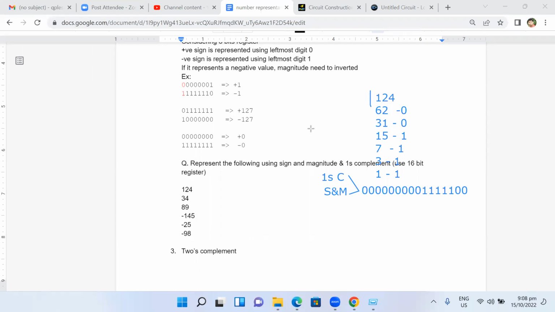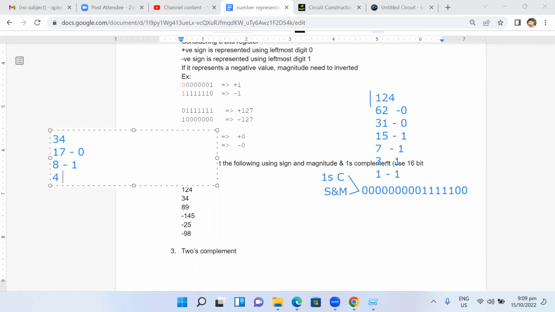The next one is 34. Let's try with 34. Divide by 2 is 17, remaining 0. Divide 17 by 2 is 8, remaining 1.